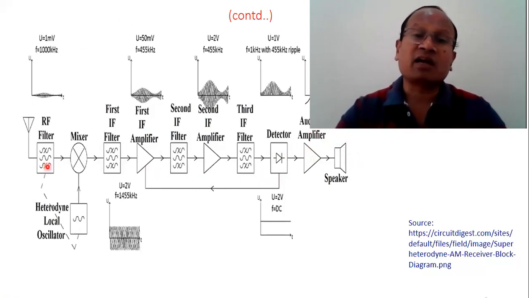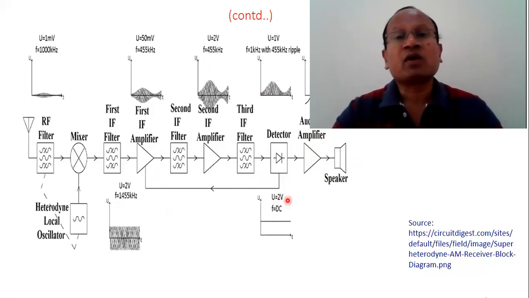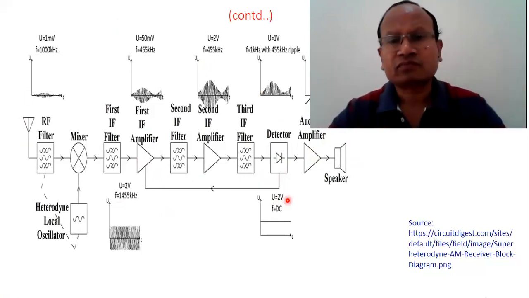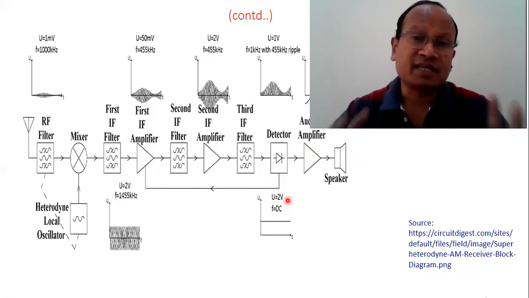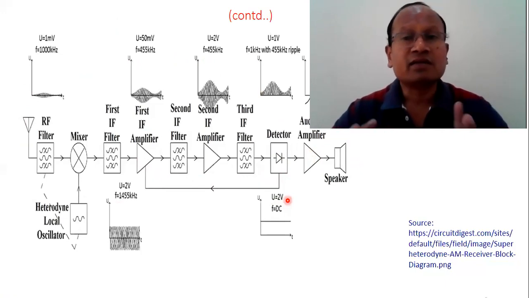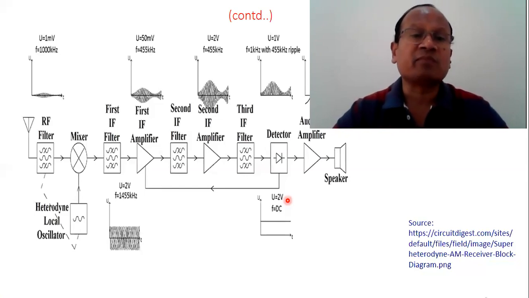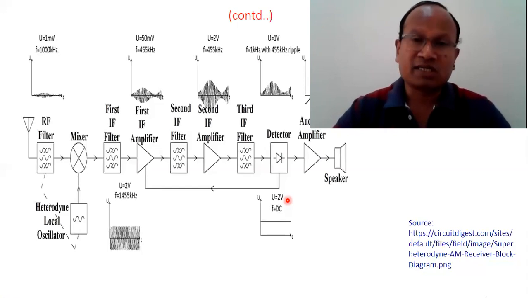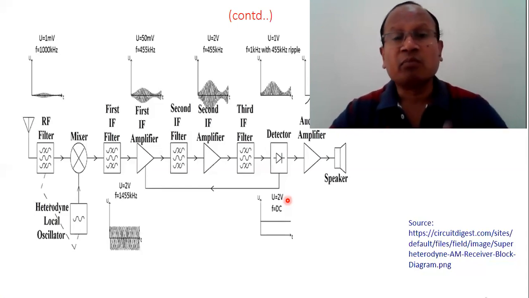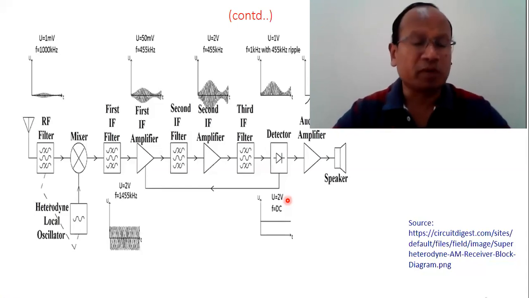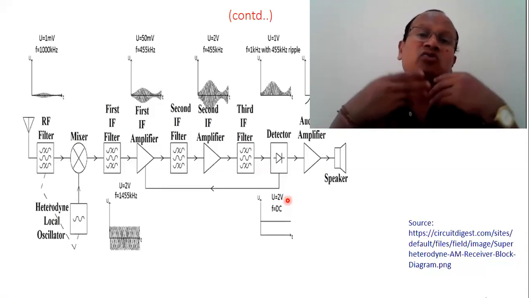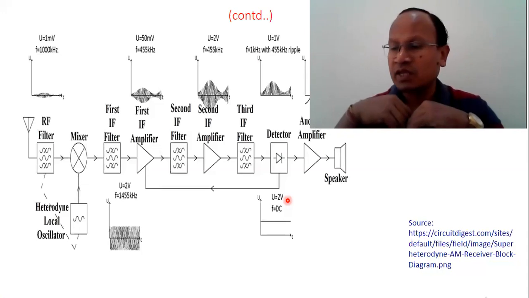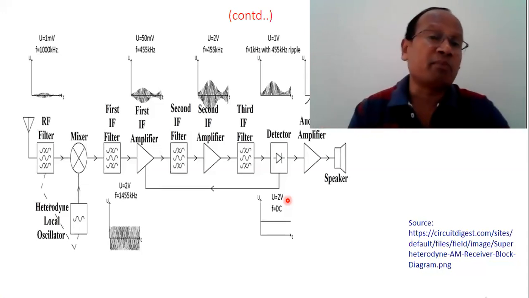So this block diagram is an interesting extension of the simple AM receiver, but the arrangement is called superheterodyne. Heterodyne means mixing, whenever the IF term is there, mixing is taking place, but we are doing it more number of times here, so it is called superheterodyne. The main aim of the superheterodyne arrangement is to improve the selectivity, because in any receiver, selectivity is a very important factor.